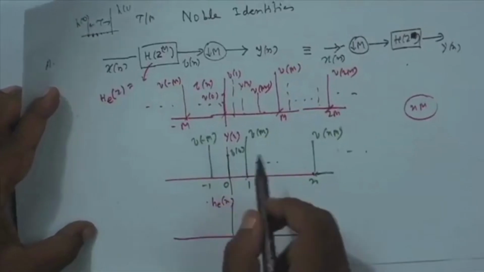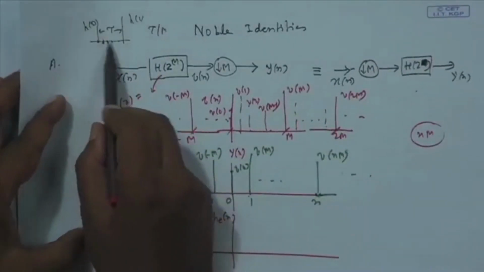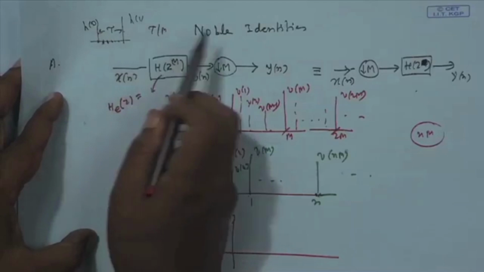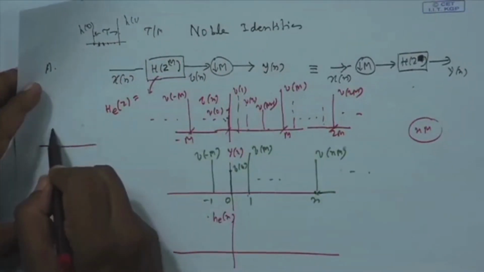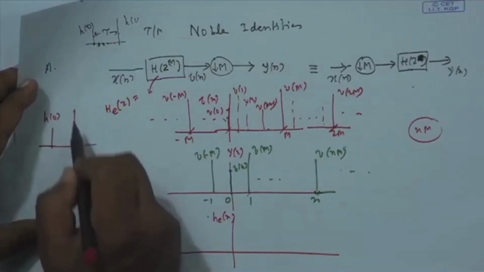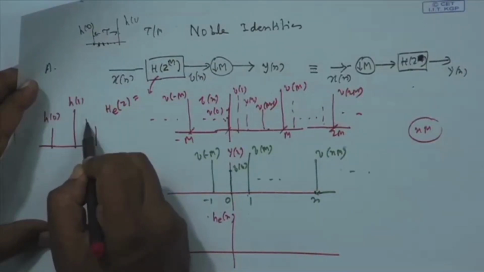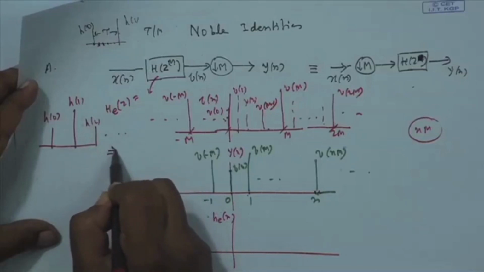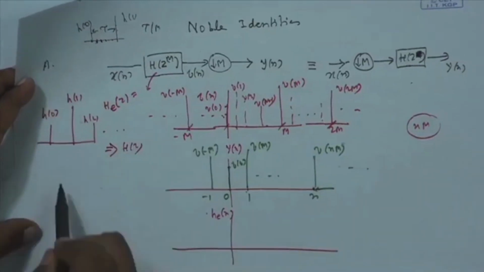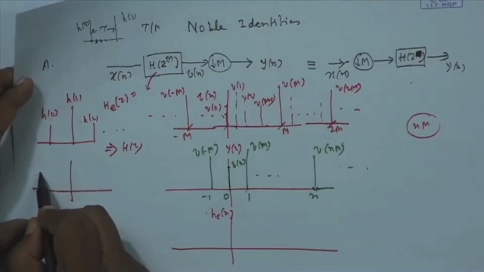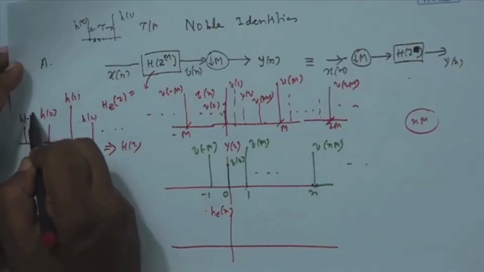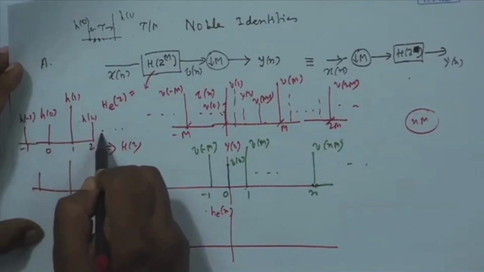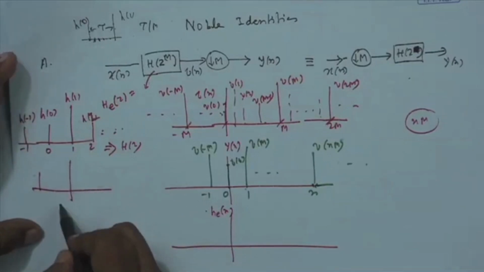So, h e z. Originally there was an h n: h 0, h 1, h 2 dot dot dot. It has a z transform capital H z. Now, we expanded it here. You have got, say, h minus 1, you expand it.